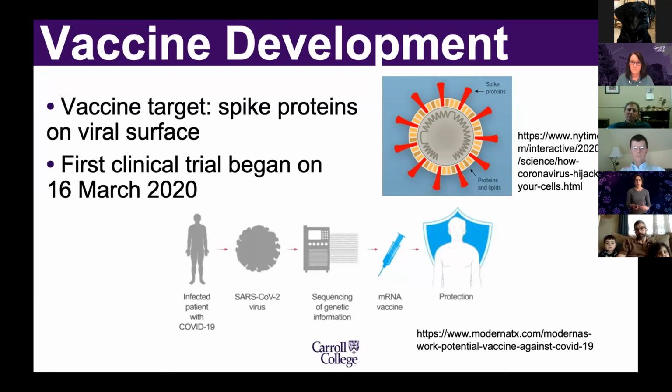And so the human cells that receive these instructions will make the spike protein as they would if they were actually infected with the virus. Immune cells can then interact with that foreign material and develop a long-lasting immune response, a memory response, such that disease will not develop later on in time when the virus is encountered.